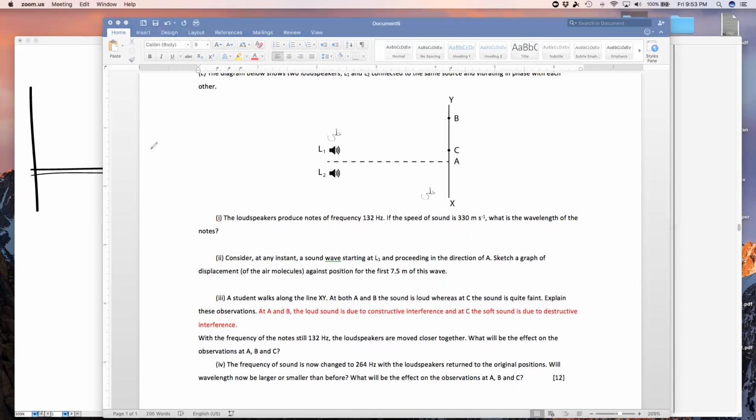The equation the way I presented it is y is equal to lambda D over a. Now a is the separation between these loudspeakers. D is this distance.